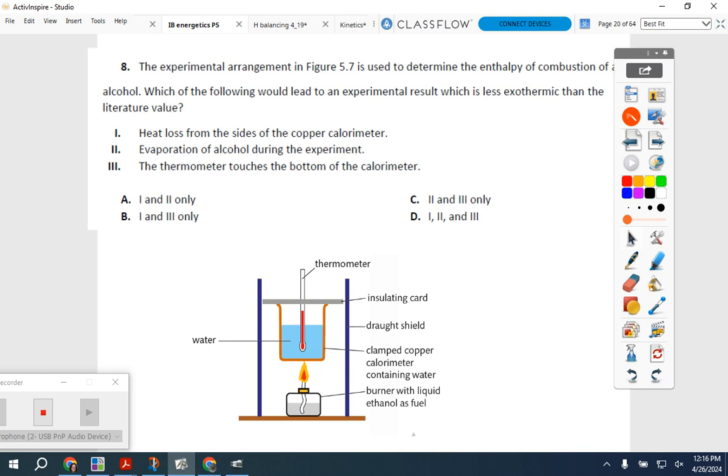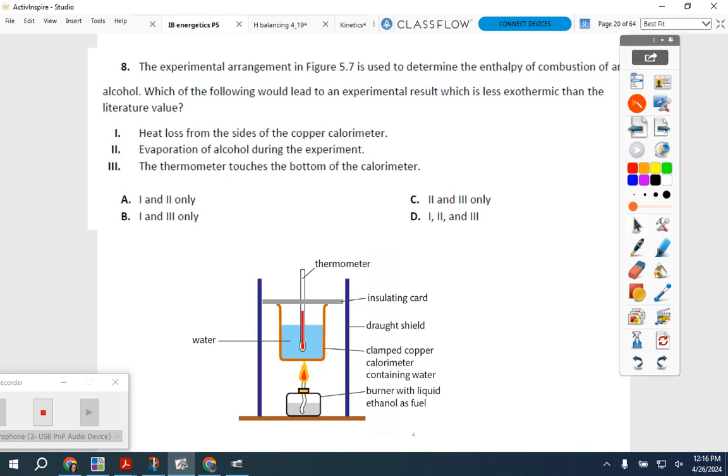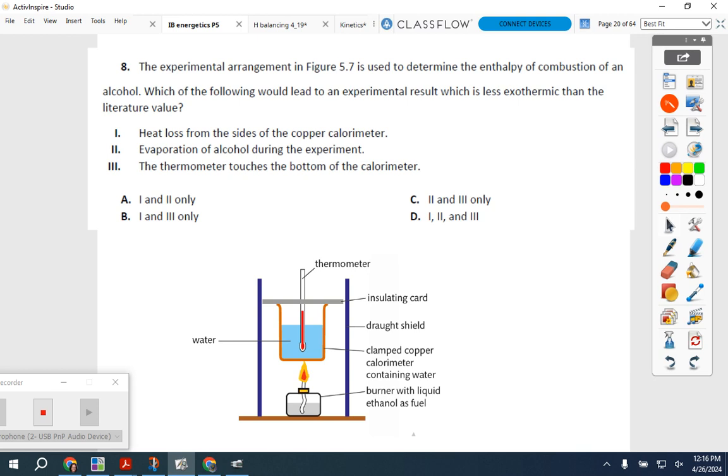Okay, so we've got this setup here. Ethanol is being burned. We've got a copper calorimeter with a draft shield around it, an insulator on the top, and a thermometer measuring the temperature of the water. The question is essentially an evaluate-the-experiment question.